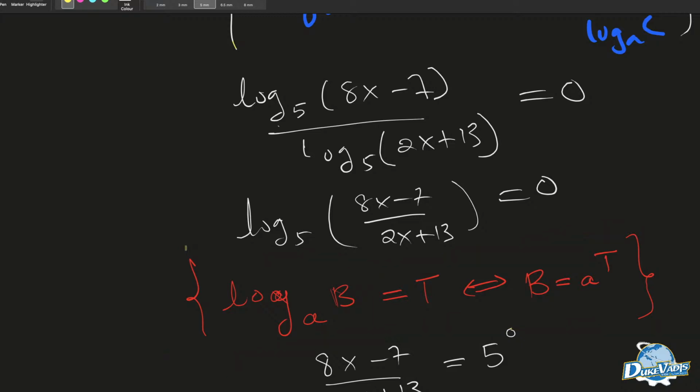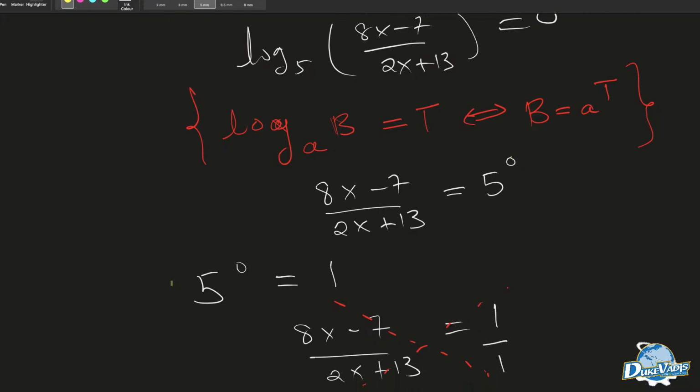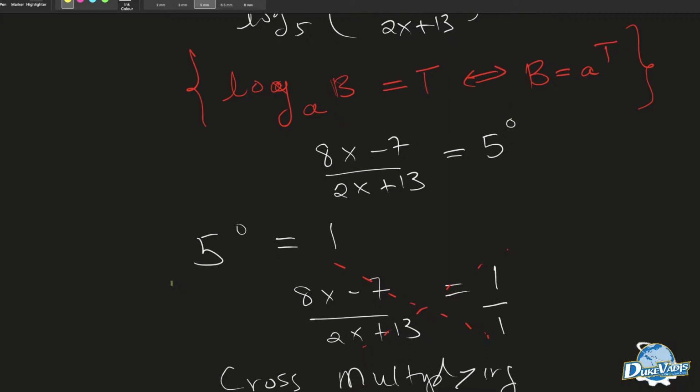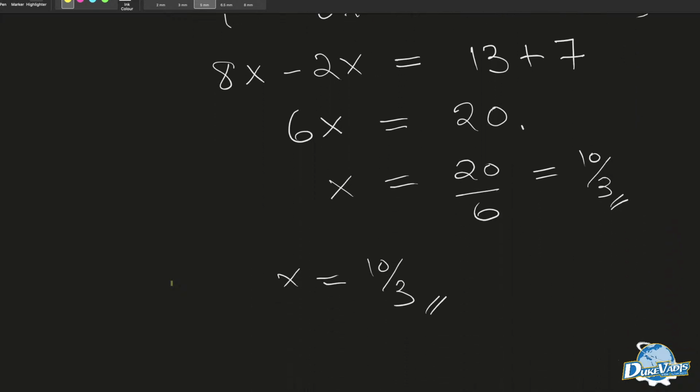So we applied the same to this, and we know that 5 goes to the right hand side and is raised to the power 0. But we know any number raised to the power 0 is 1. After that we did cross multiplying and we were able to find our answer.